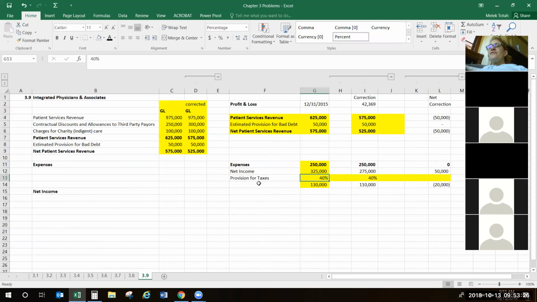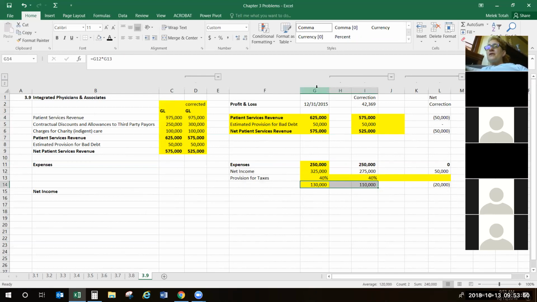Now, it says that your provision for taxes is 40%. And so what's a little bit hard about this example is you don't actually have expenses. But as I said, I put expenses in just as a placeholder because the answer doesn't really matter as long as you're making a profit. I think it's just easier conceptually to see it.